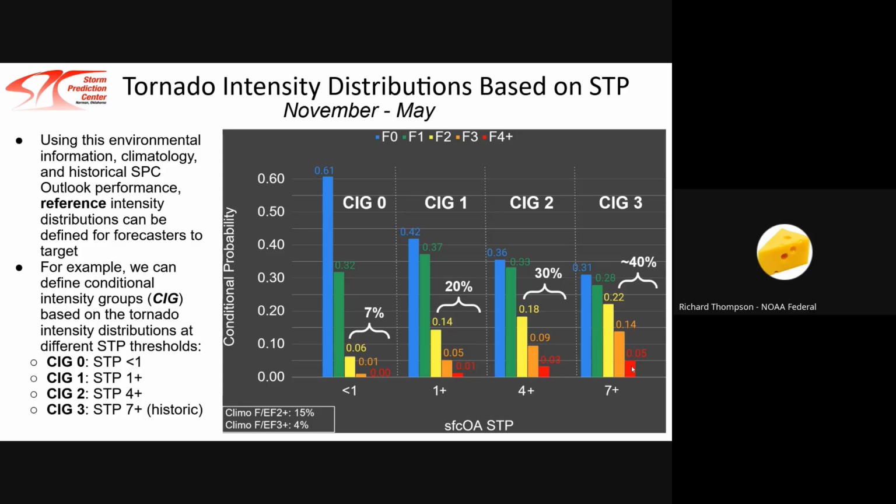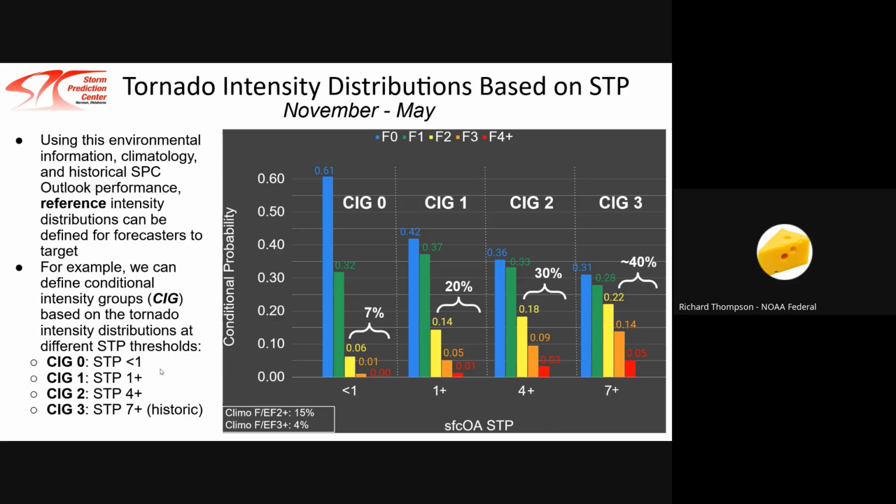I mean, they're still not dominating the distribution, but over here in STP less than 1, it's likely that you're going to be EF0, whereas if you go over here to STP of 7 or higher, which is a really high end environment, the probability of an EF0 is about half of that, but the probability of EF3 is 14 times higher than it was for that low end environment.